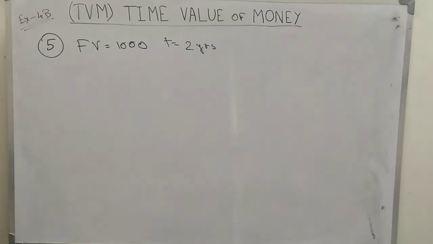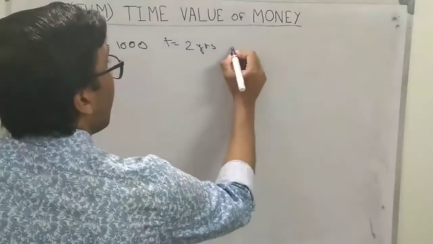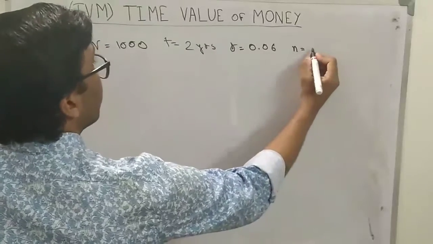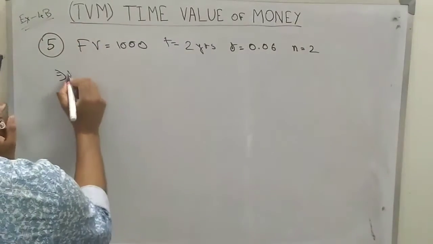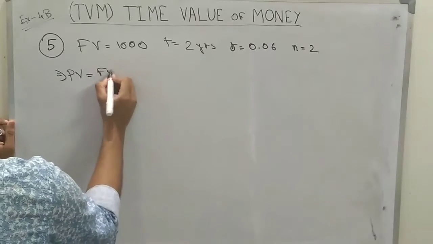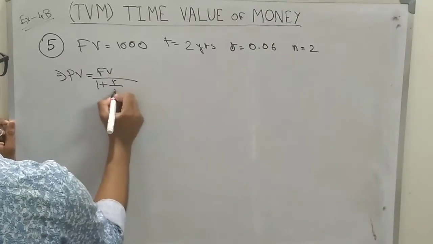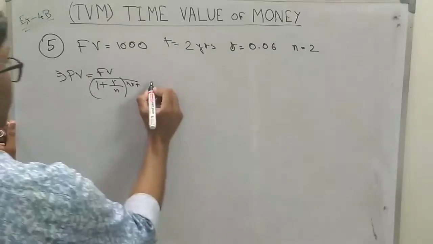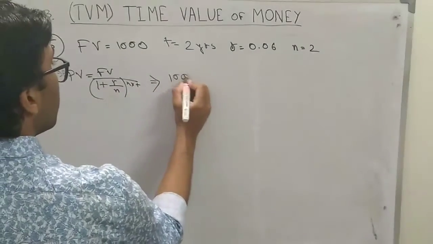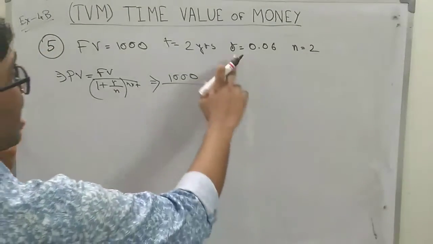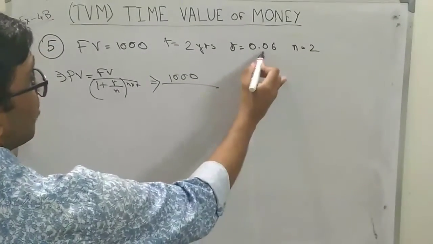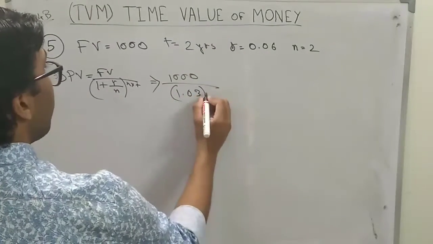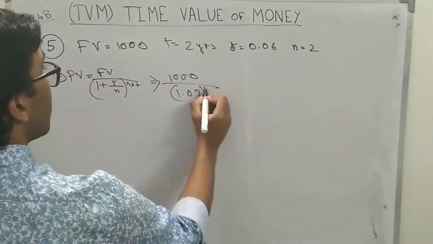6% per annum compound interest payable half yearly, that means R is 0.06 and N, the number of conversions, will be 2. That means you have to calculate the present value, which means FV by 1 plus R by N whole to the power N into T, which will be equal to 1000 by 1 plus R by N. 0.06 by 2 is 0.03 plus 1, 1.03 to the power N into T, 2 2s are 4.